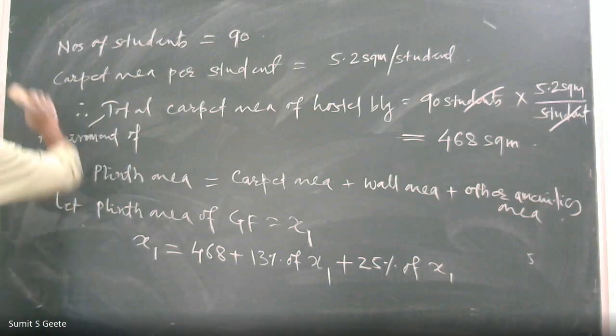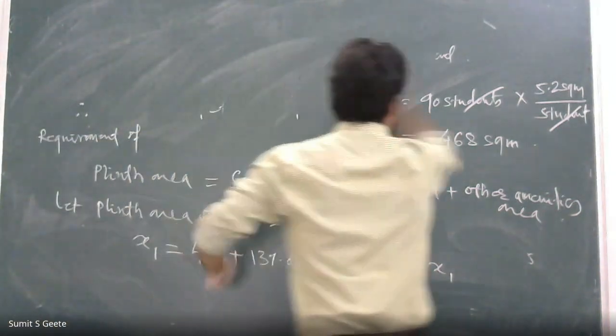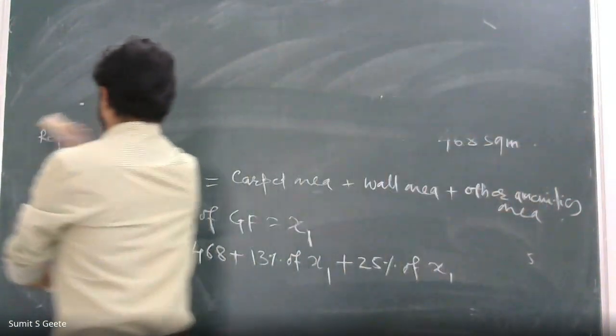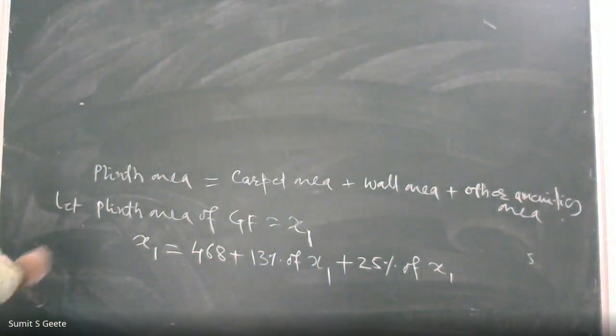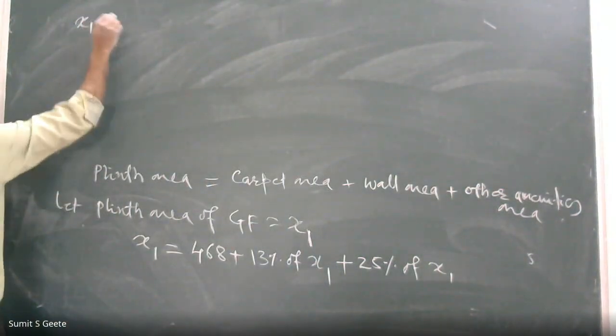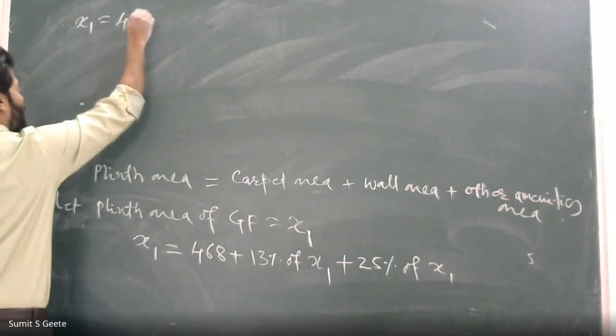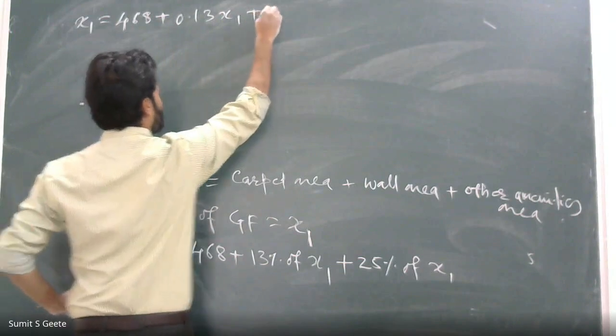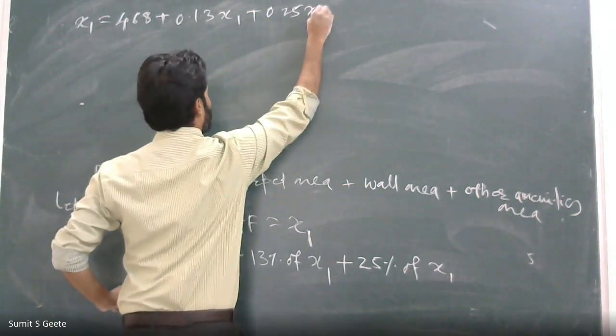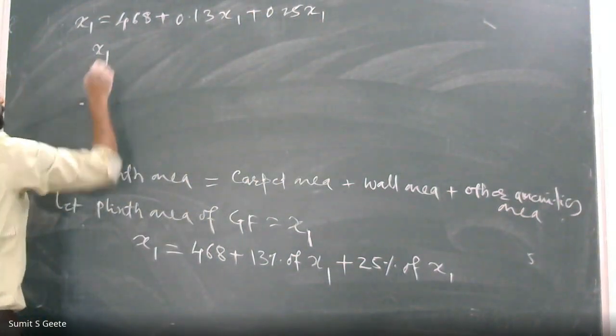So if you rewrite this, x1 is equal to 468 plus 0.13 times x1 plus 0.25 times x1. So calculate x1.